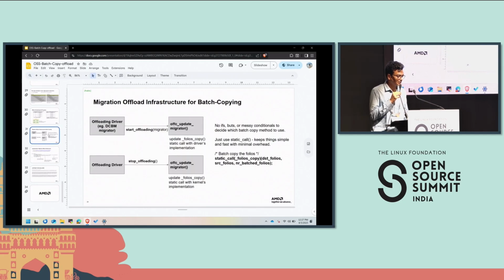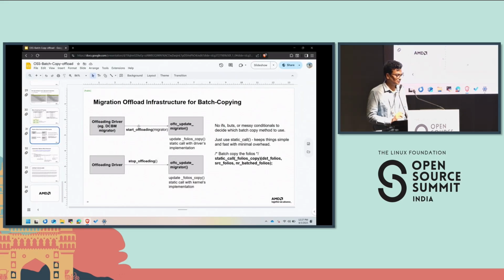We created this migration offload infrastructure, so the user can register an offload driver, and we can manage it from other subsystems, for example using a sysfs interface. We can initialize this offloading driver, and there it will do this work.